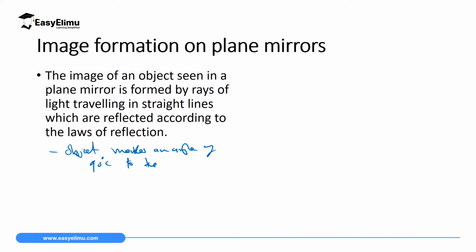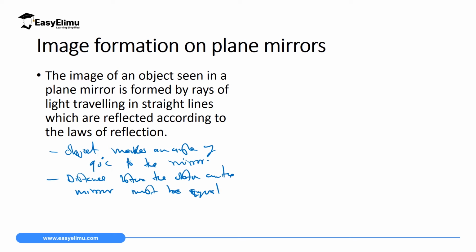Whenever you are forming an image, the object must make an angle of 90 degrees to the mirror, and the distance between the object and the mirror must be equal to the distance between the image and the mirror.